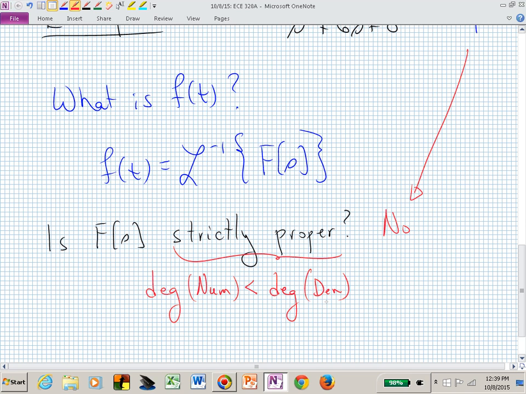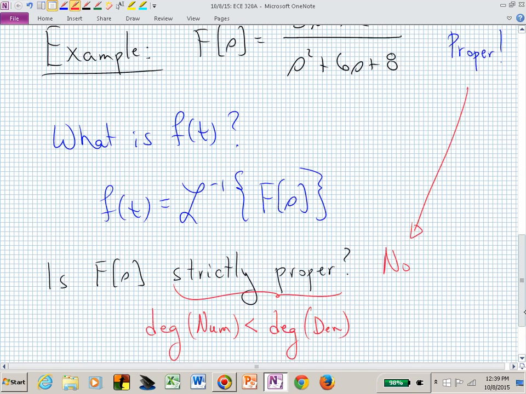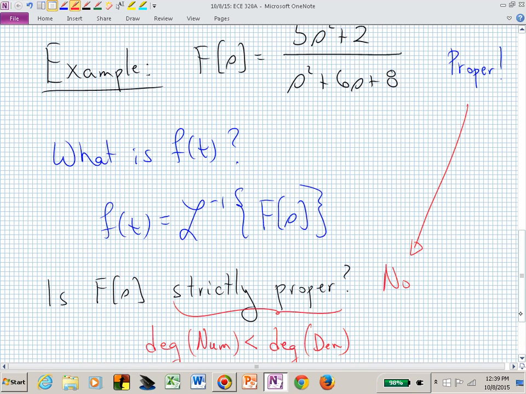That's the definition of strictly proper. That's not what is happening here, because the numerator is second order and the denominator is second order. They have the same order. It's a proper transfer function or transform. It's not improper, but it's still not strictly proper.